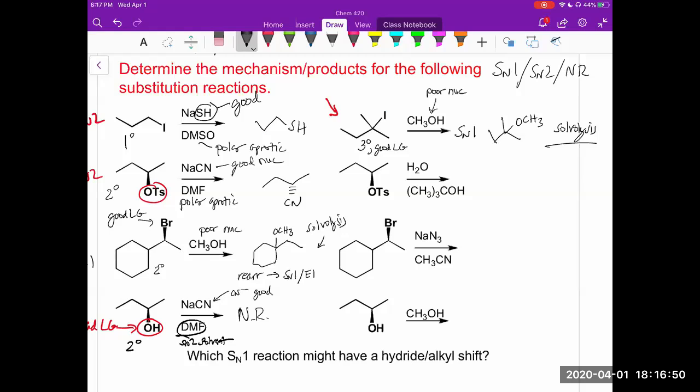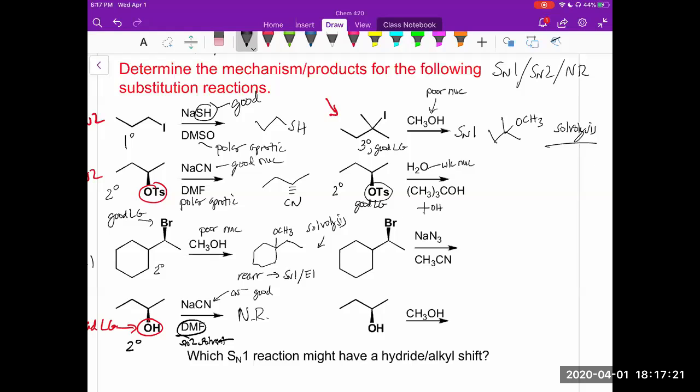All right. Next one in the column, secondary substrate. This tosylate is that resonance stabilized leaving group. Good leaving group. Now I've got water, which we know is a weak nucleophile. And there's also an alcohol. That's a little weird, but I've got an alcohol there too.